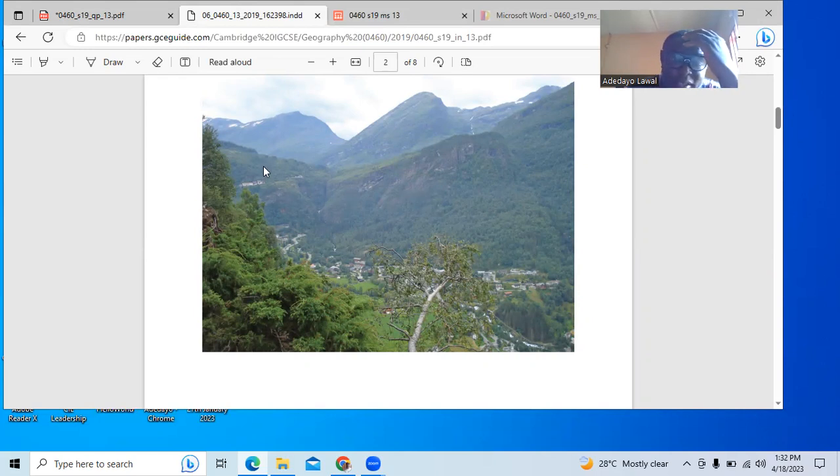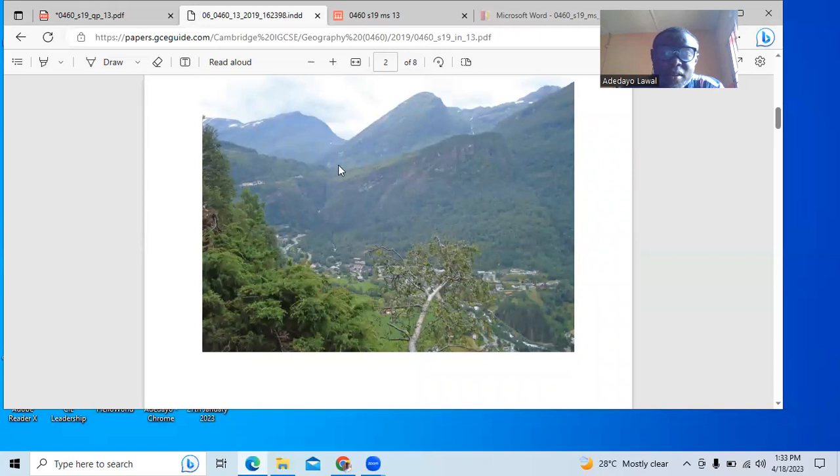So definitely it has reduced the population density because the population density here is low. So why? Number one, as we can see, the place is mountainous. Physical factors, so we are talking only about physical factors. When a place is mountainous like this, it's very difficult to live.